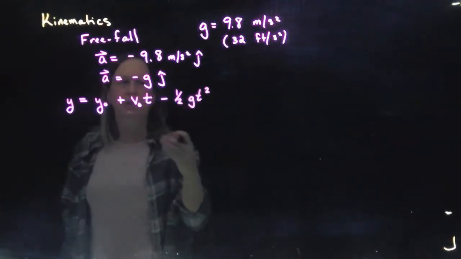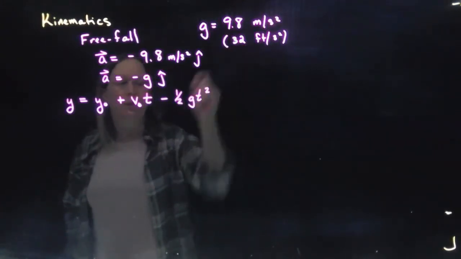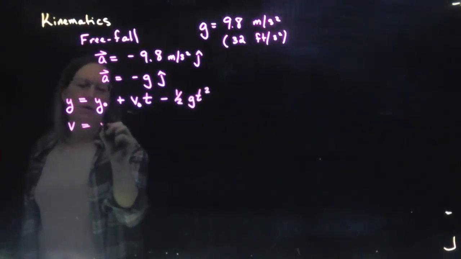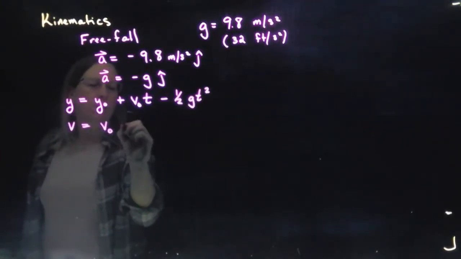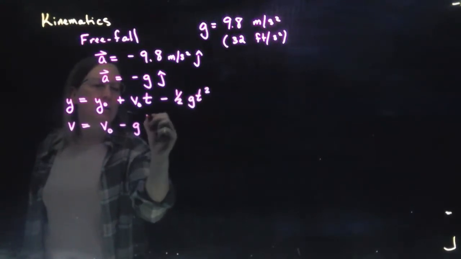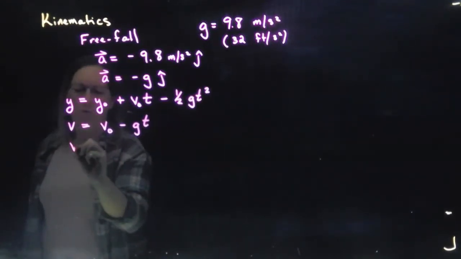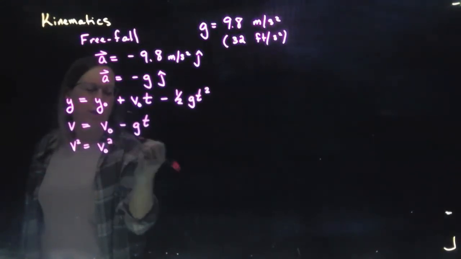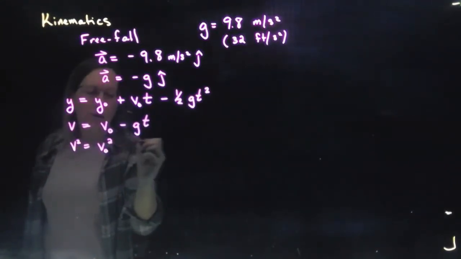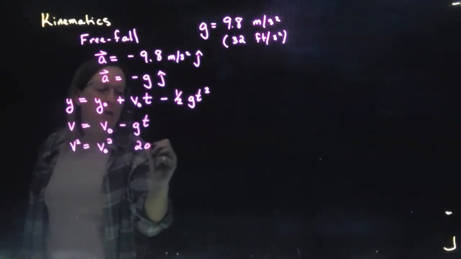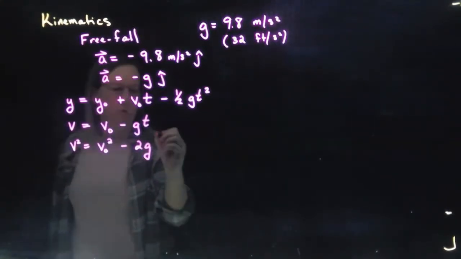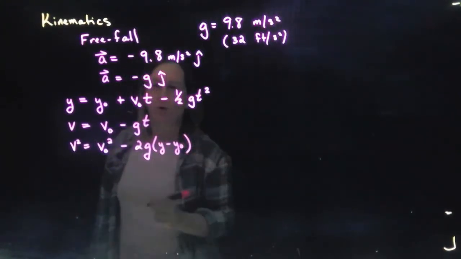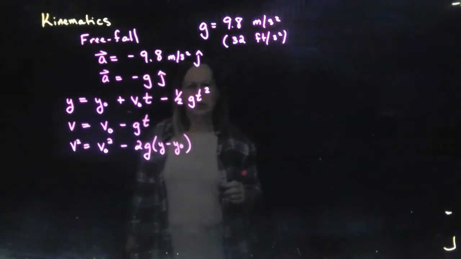I've just plugged a g in place, where this g we know is 9.8. Similarly, we have v is equal to v0 minus g times t, or v squared is equal to v naught squared. This time, instead of a plus 2a, we're going to do a minus 2g times y minus y naught. Okay, and so these are our equations of motion.